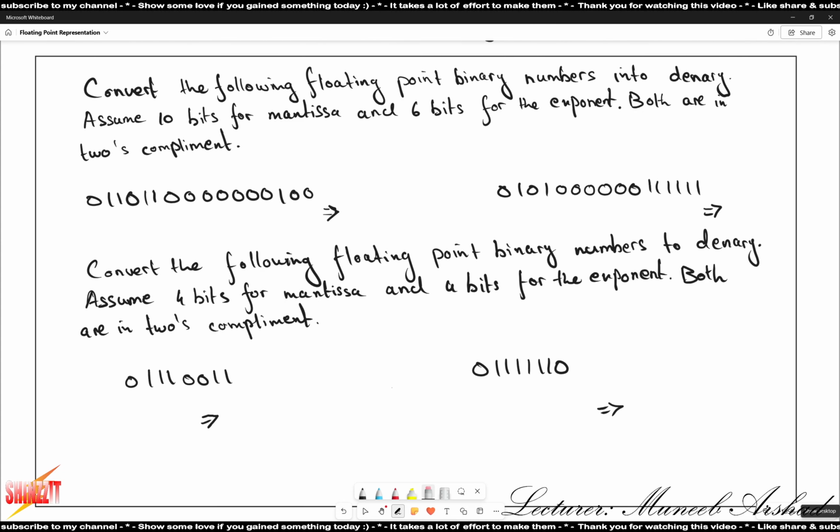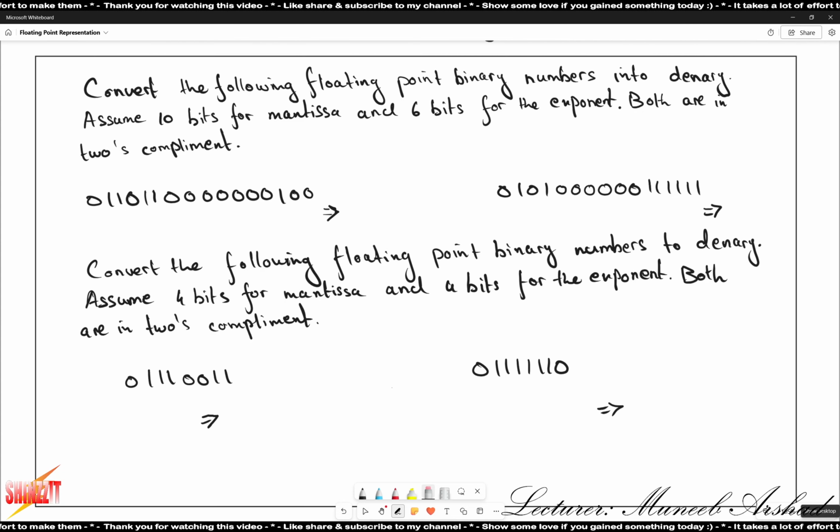The first 2 questions are basically in which you have a 16-bit register, 10 bits for the mantissa, 6 bits for the exponent, and again based on the standard IEEE has set, हमारे first 10 bits are mantissa and the last 6 bits are exponent. ठीक है. दूसरा जो question है that is basically of 8-bit register in which 4 bits are for the mantissa, 4 bits for the exponent.